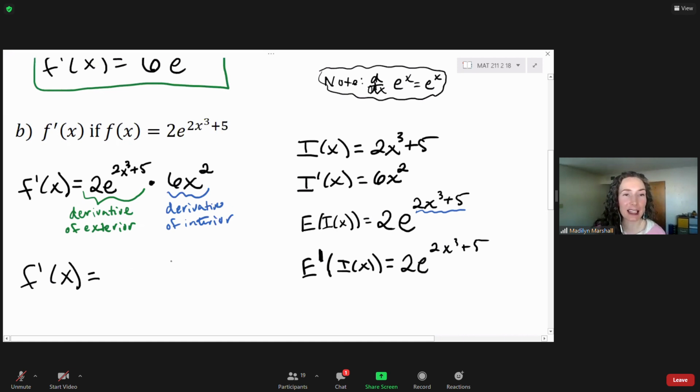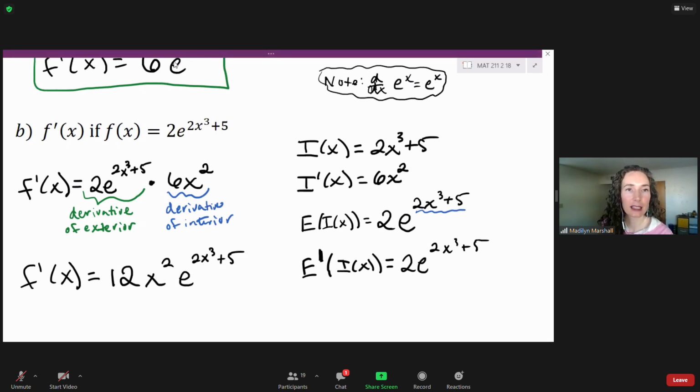And yes, exactly. In general, it's kind of weird to leave that 6x squared out in the end. So we would multiply the 6 and the 2 together, that x squared in front. And that's our derivative.